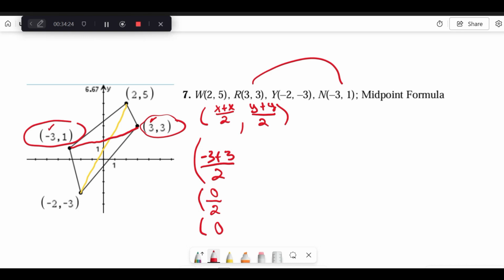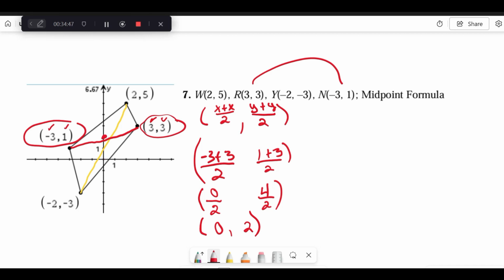So the midpoint of the red side is at 0 something, and then the y value is 1 plus 3 over 2, which is 4 over 2, which is 2. So it's (0, 2).